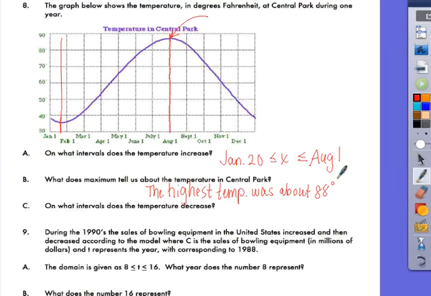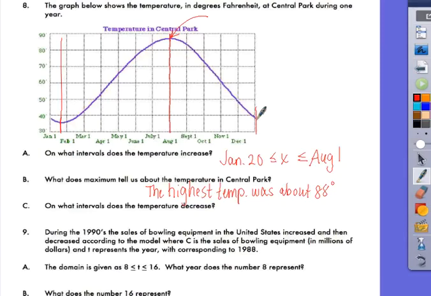Okay? Part C, on what intervals does the temperature decrease? Well, now it's going to decrease starting here at August 1st, going all the way to the end. But this is for 1 year though.